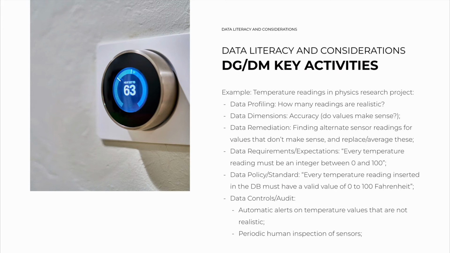They may mean something. For example, a minus 100 temperature can actually be valid and it can be a system error. Then, the data requirements and expectations. For example, mandating that every temperature reading in the future must be, the field in specific, an integer between 0 and 100.